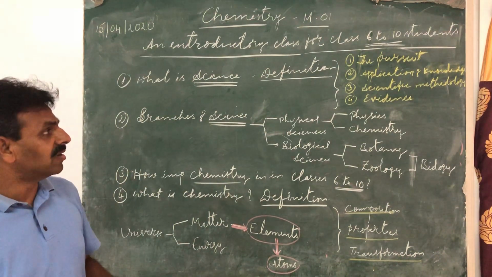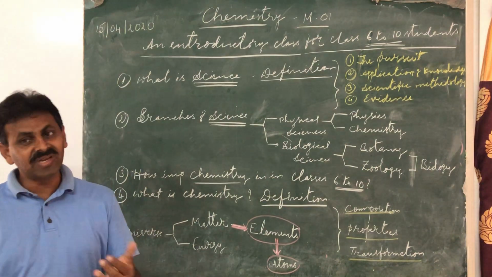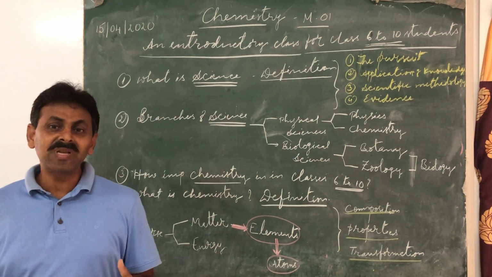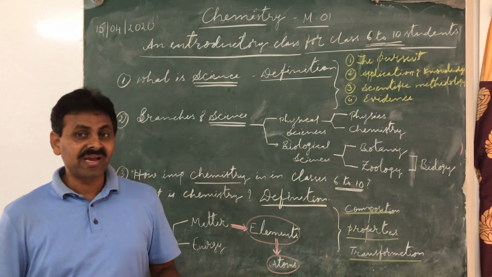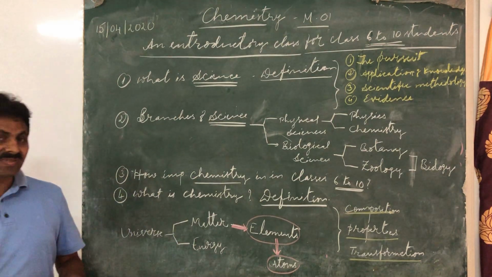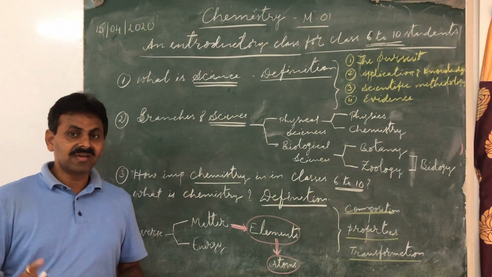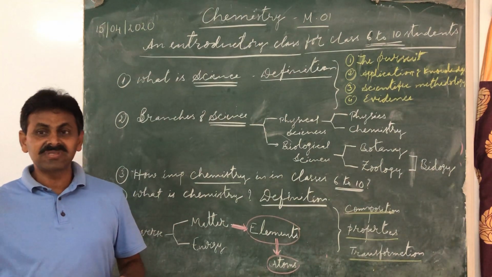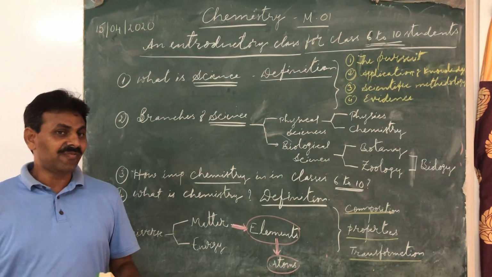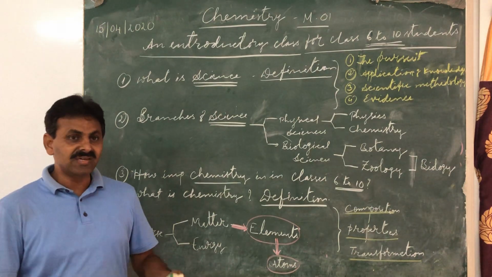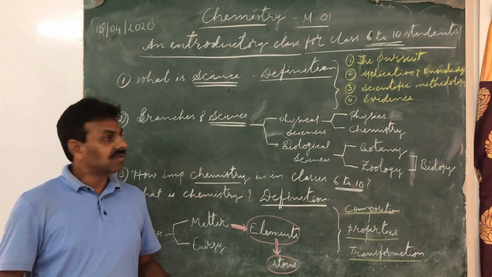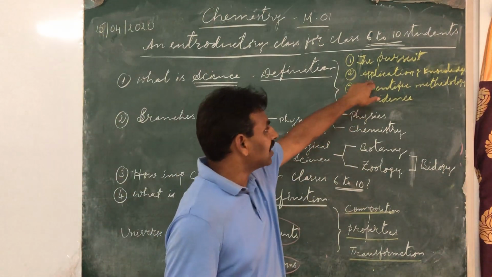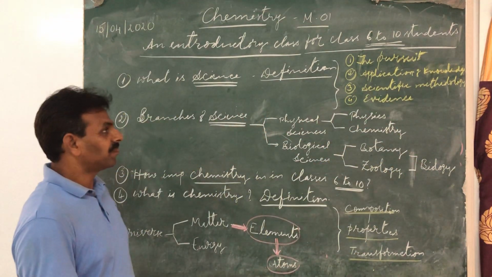So whatever we learn, whatever knowledge we acquire, we must be in a position to apply. Just now, a few minutes back I said, application of science at industrial level becomes technology. So if we can't apply the learned knowledge, it's of no use studying science or any subject. So the second important part is application of knowledge.